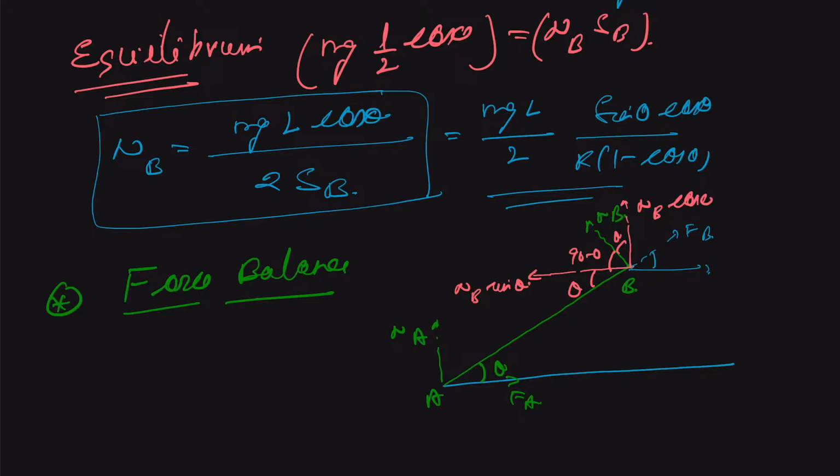So this will be coming as theta, so we have our FB cos of theta, and here we are going to have FB sine of theta. And what else? mg. So these are the various forces in their respective component forms, horizontal as well as vertical.